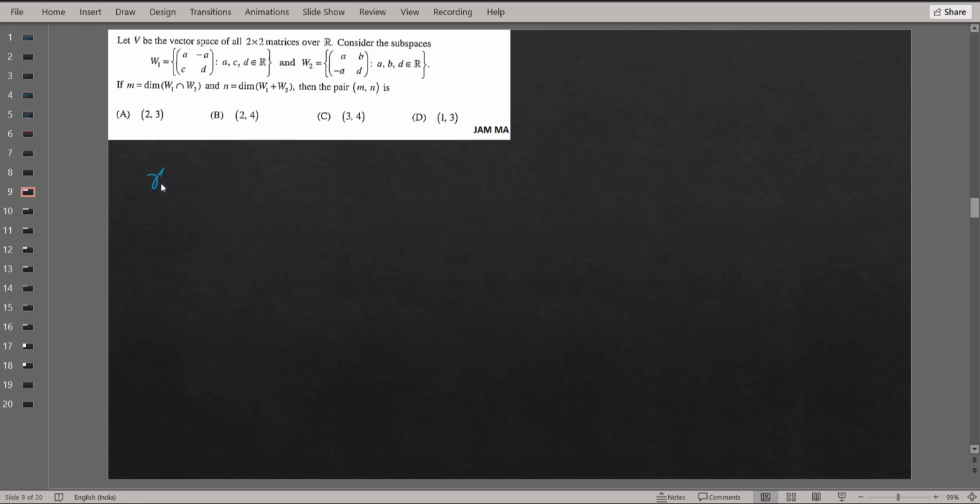Now any vector that belongs to W1 intersection W2 is of the type X equals, suppose, A11. Now according to W1, A12 will be minus A11 and according to W2, A21 will be minus A11. Now A22 remains A22. Here the number of unknowns is 2, so the dimension of W1 intersection W2 is 2.